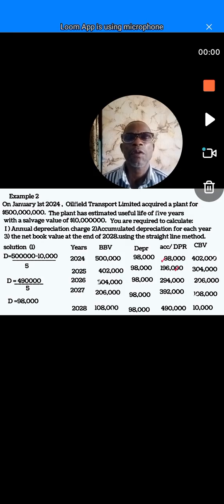At the fourth year, the accumulated depreciation is 392,000, and in the fifth year, the accumulated depreciation is 490,000. The question number two is answered. Now, the next question, the net book value at the end of 2028 is 10,000, as it is in the question that the salvage value is 10 million. So the net book value is 10 million.